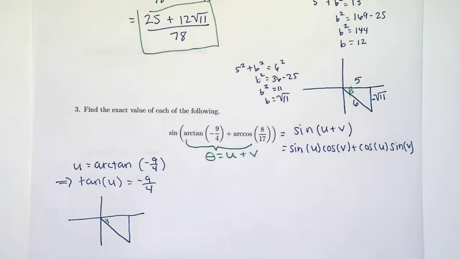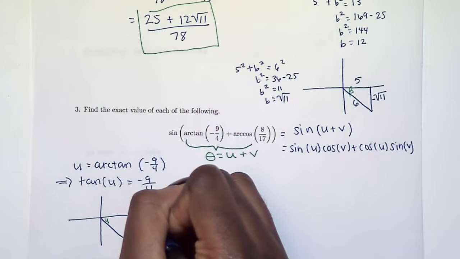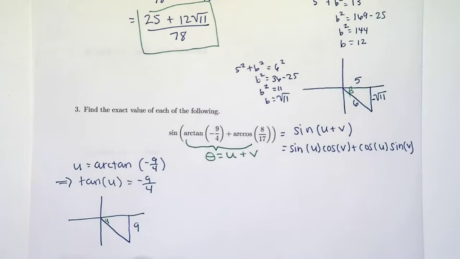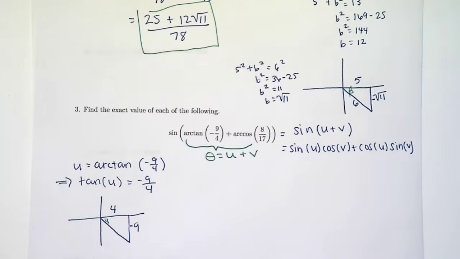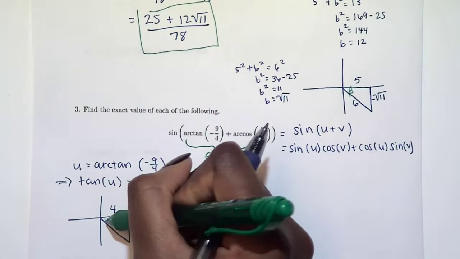Tangent is opposite over adjacent, so that would be our 9 over adjacent, that would be our 4. You can put the negatives where appropriate or save them for later. This says U right here, by the way.